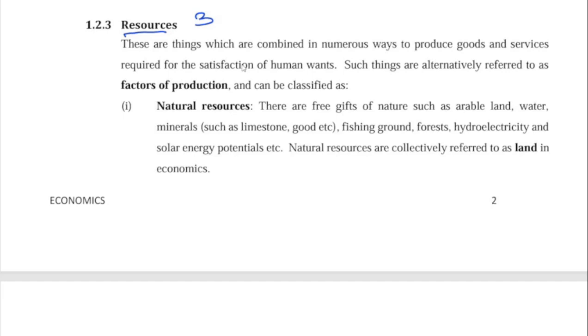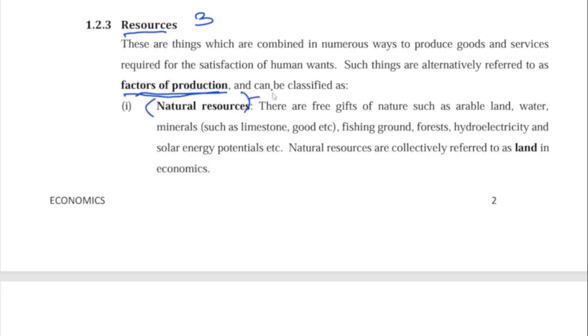Resources is factors of production. I said it earlier in the first section. When we say factors of production, we are talking of land, labor, capital, entrepreneur. Those four things.